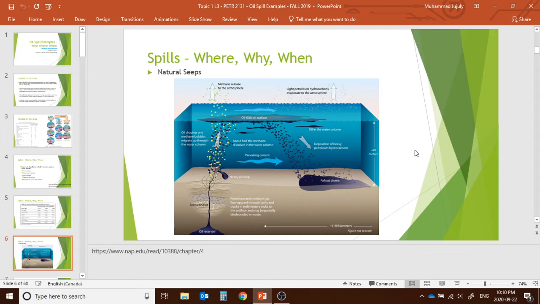So this is the natural seep. Natural seep, as I said, happens naturally. Under the water there could be oil reservoirs, and if you follow the previous lectures, you'll find there could be natural faults, and through those faults oil or gas seeps out naturally.